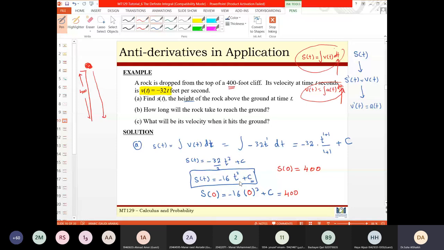Yeah, I substitute the 0, this goes to 0, and I end up with c equal to 400. Since I got my c, I come here and substitute with the c, and I have the complete formula. s of t is equal to minus 16t squared plus 400. Correct? And this answers part A of the question.